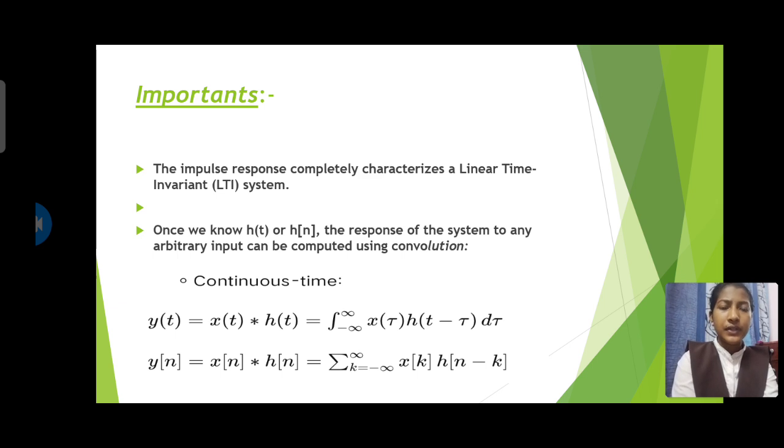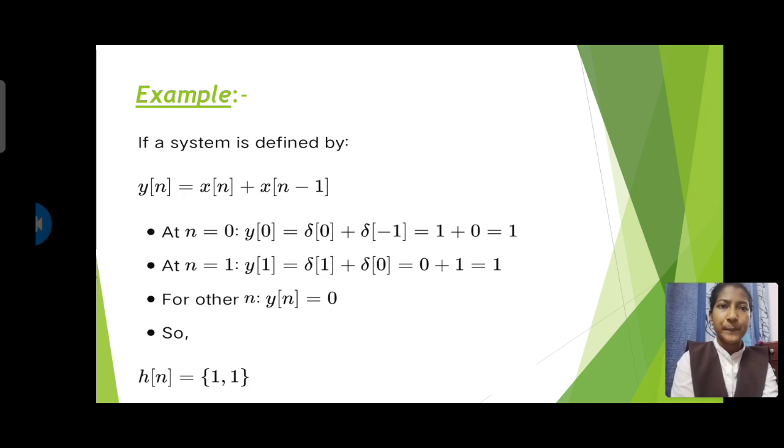And for discrete, y of n is equal to x of n convolution h of n, which is nothing but sigma k is equal to minus infinity to infinity x of k into h of n minus k.